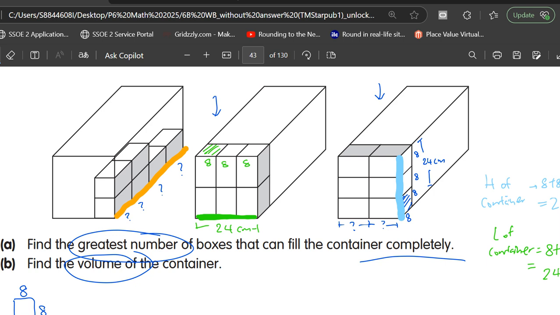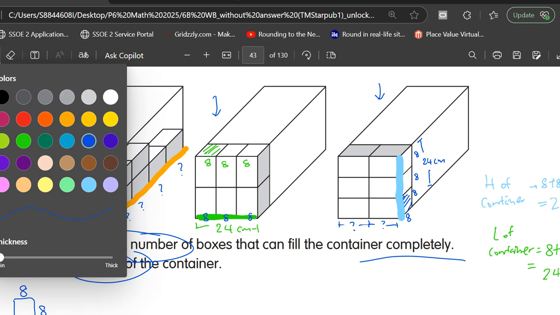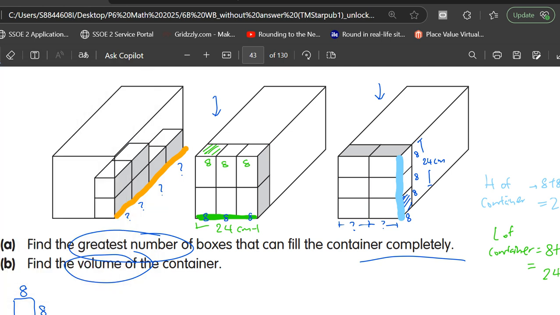You can see that the small boxes 8, 8, 8 here, standing this way, is the same as the boxes lying on its length.